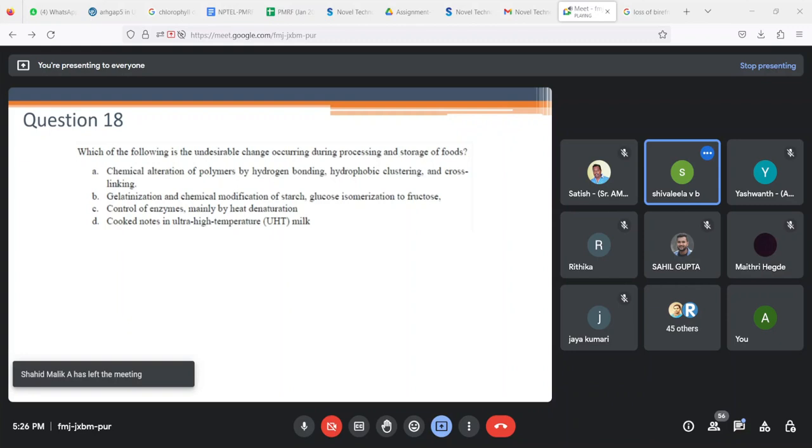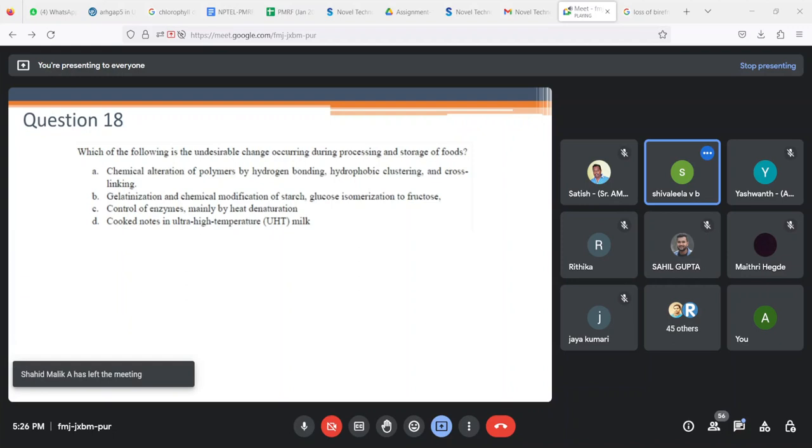First one. Not necessarily. Sometimes we deliberately make sure that the polymers undergo alteration to change our texture. Like, as I was talking about starch gelatinization, sometimes we deliberately do starch gelatinization to chemically alter the polymers, alter their hydrogen bonding, and hence this is not necessarily an undesirable change.